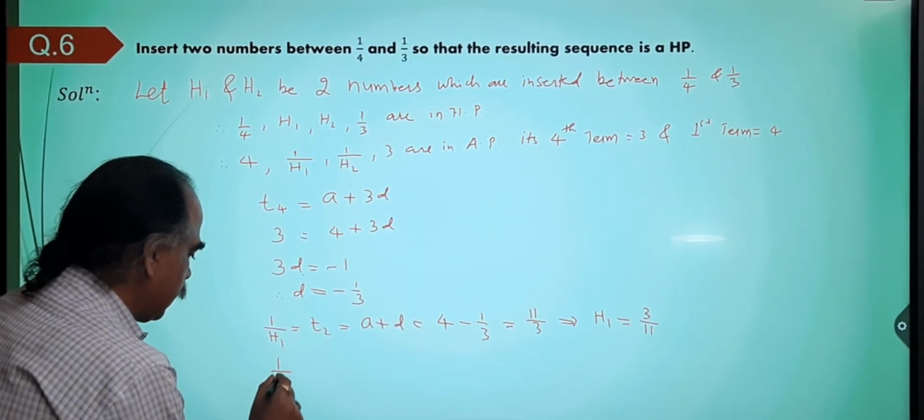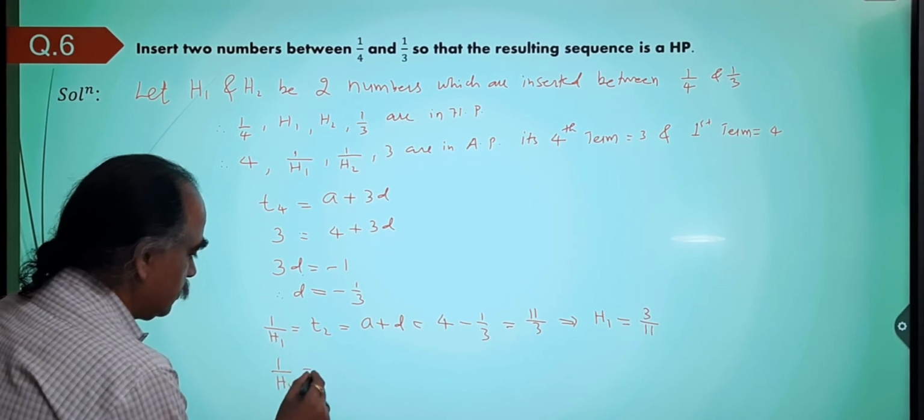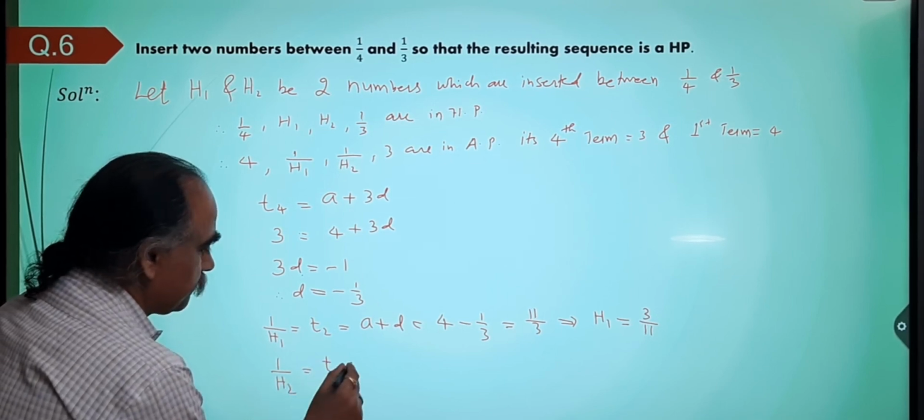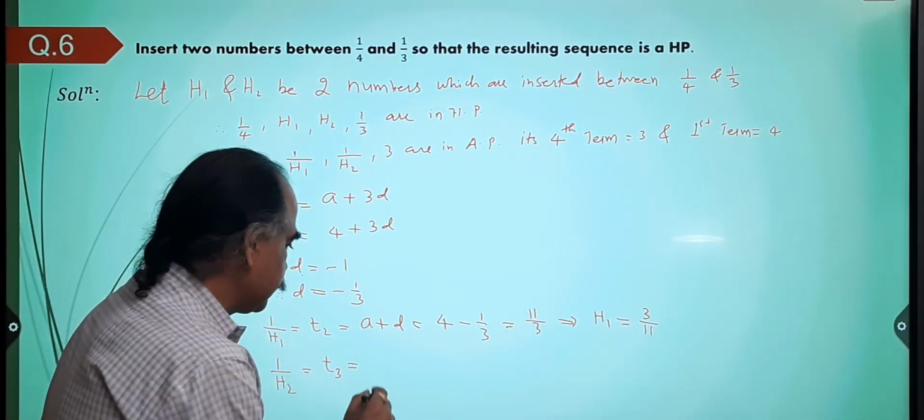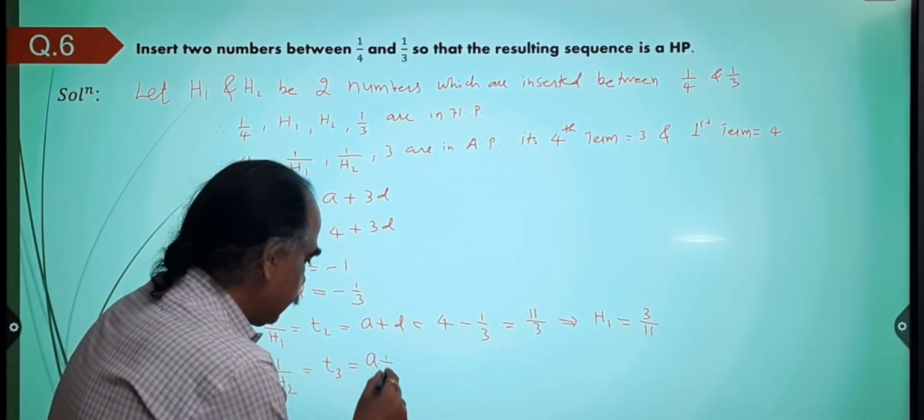1 upon H2 is what? Third term. And third term is A plus 2D.